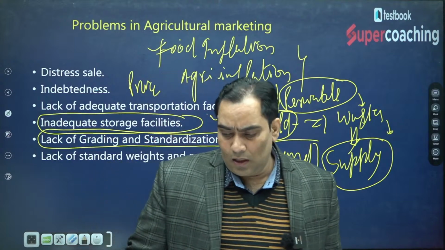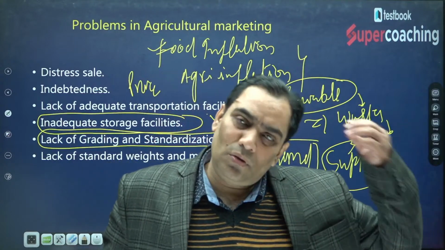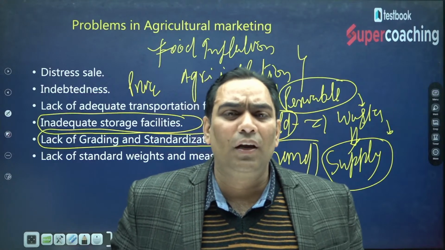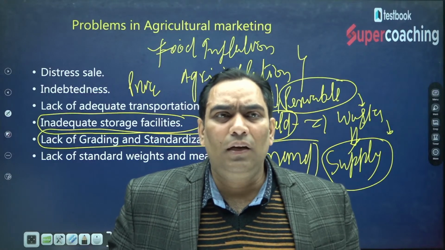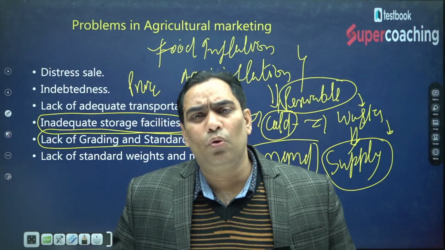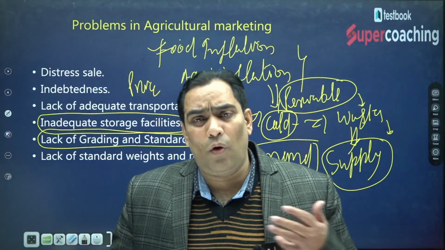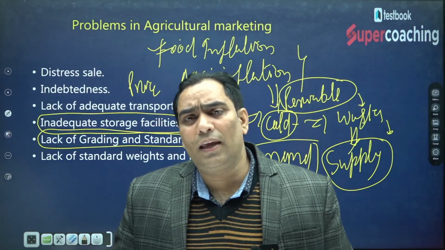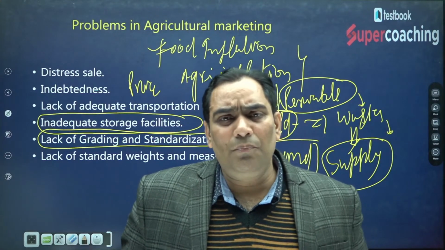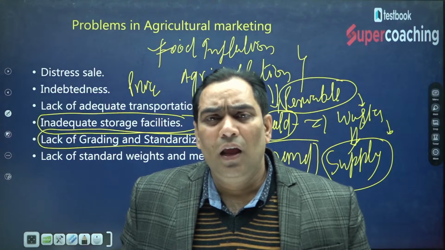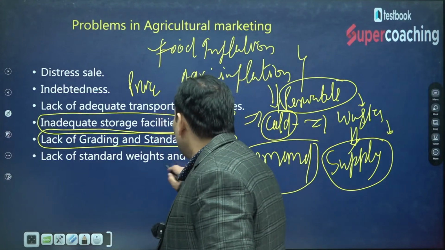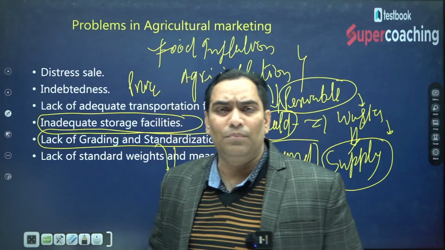That means all the agriculture produce of all qualities is going to be treated alike. But in case of agriculture produce, some may be of good quality, whereas some other produce may be of comparatively lower quality. So on the basis of their grading, there should be competitive pricing. But we were lacking in the grading and standardization system.